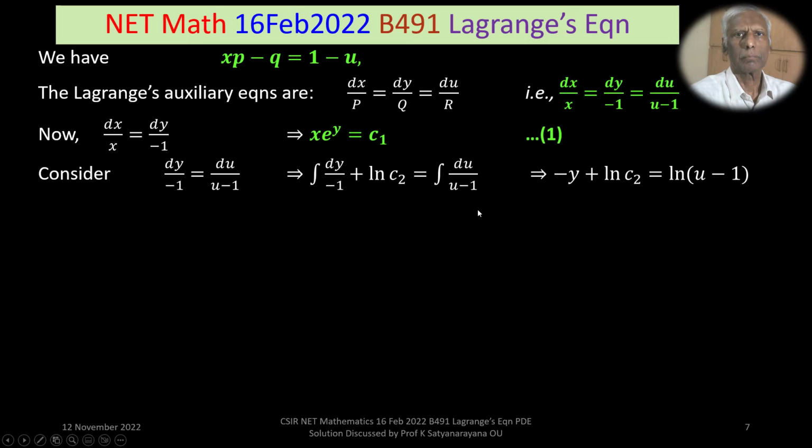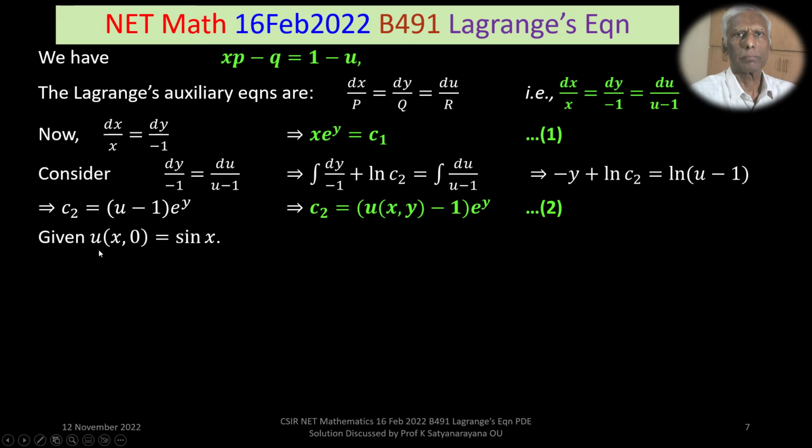After integration, you will get minus y plus ln c2 is equal to ln of u minus 1. And this will give rise to c2 is equal to u minus 1 times e power y. So c2 is equal to u, a function of x comma y, minus 1 into e power y. Let's call this equation 2.